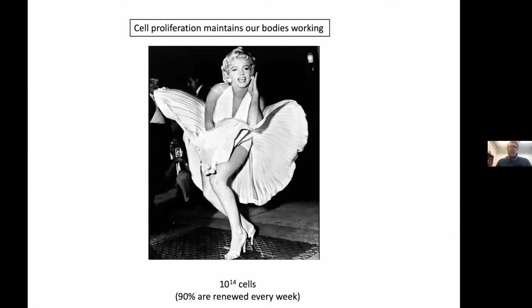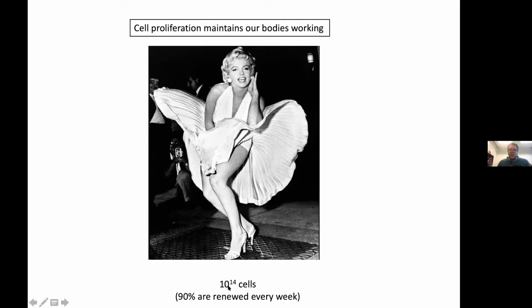But cell proliferation and cell division is not something that only happens during the development of a multicellular organism, or that happens to unicellular organisms when they divide. For example, in a multicellular organism, and here we have an example of such a multicellular organism, we have a huge number of cells.